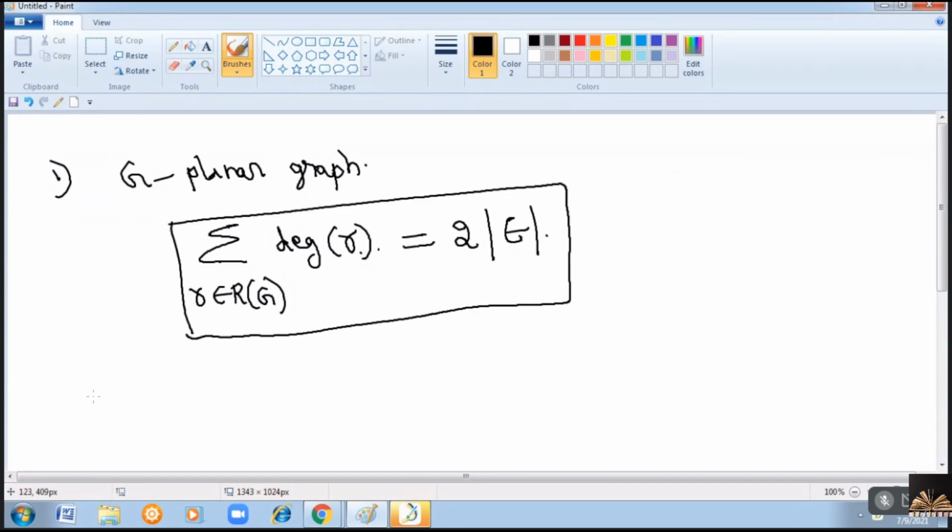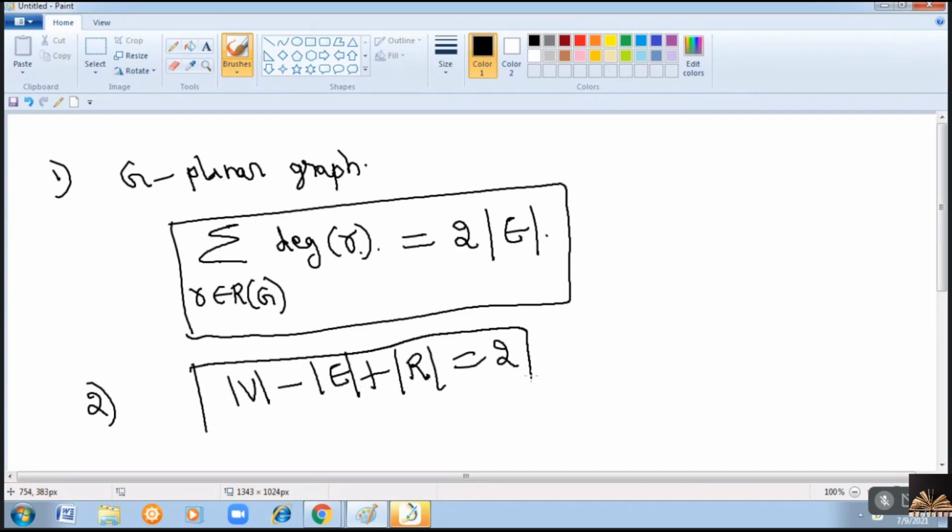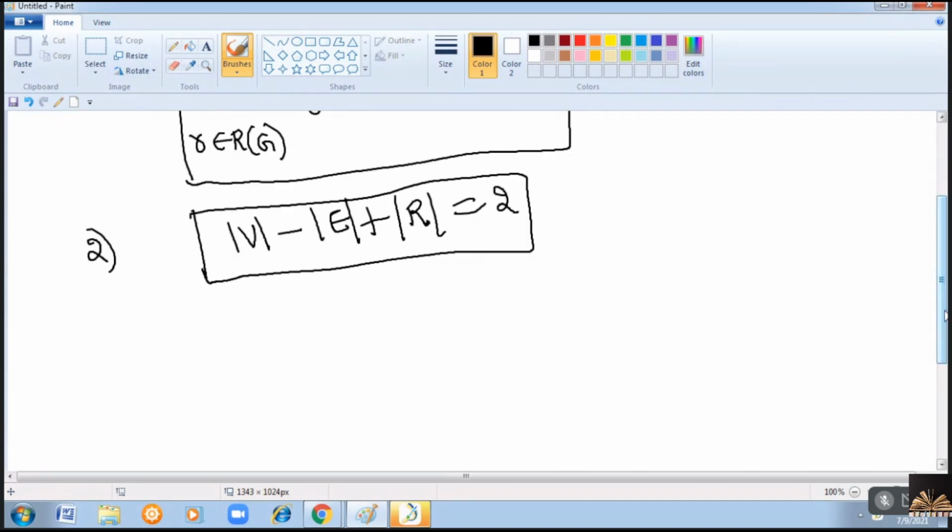And the second formula is, if G is any connected planar graph, then V minus E plus R is equal to 2. V means the number of vertices in the graph, E the number of edges, and R the number of regions in the graph. Vertices minus edges plus regions is equal to 2. These two formulas you have to remember.